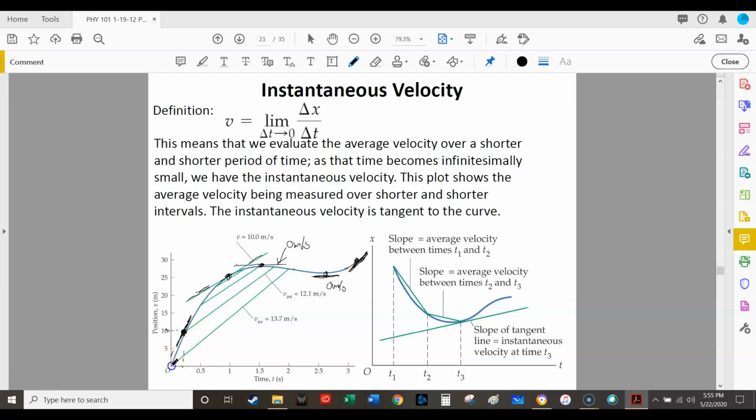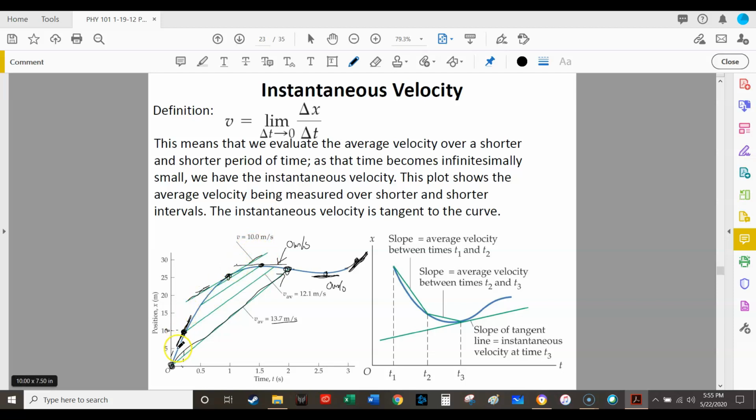The average velocity vector, if you started here, you ended here. Well, you started here, you ended over here. The average velocity vector for this entire trip is going to be right here. While the average velocity a lot of times is not the same as the instantaneous velocity unless you're traveling at a constant velocity.